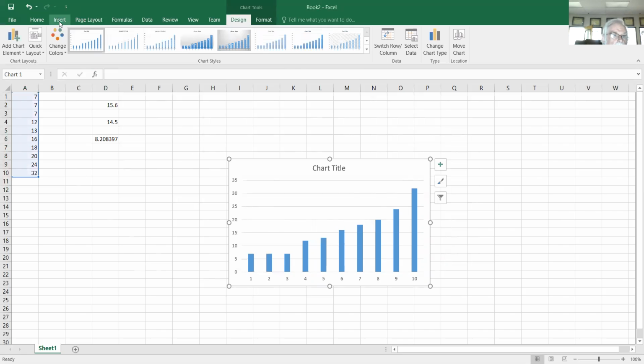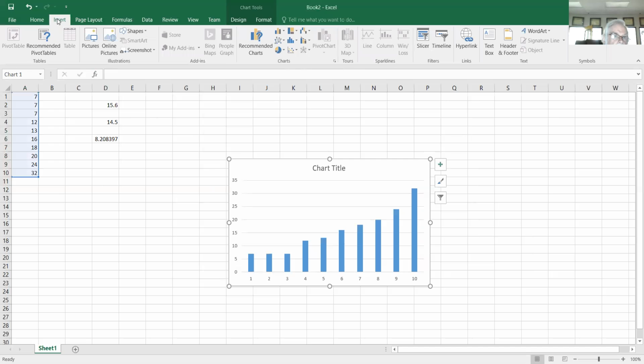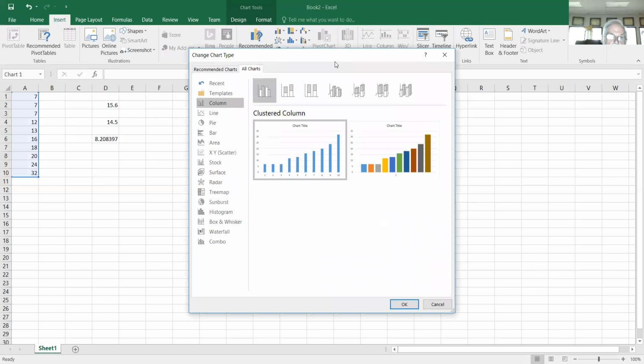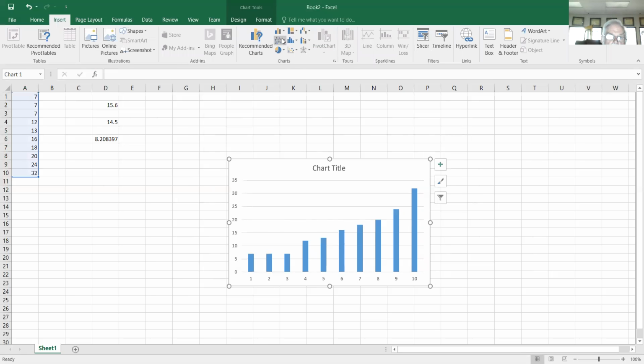Okay, we go to the Insert tab. And you'll note over here under Charts, we've got lots of choices. We can look at the different kinds of choices, okay? But we have lots of choices.